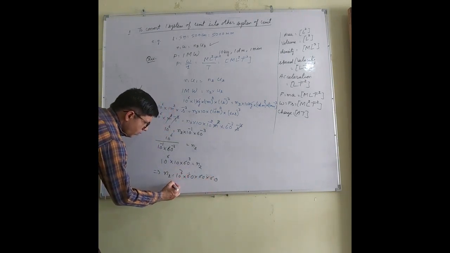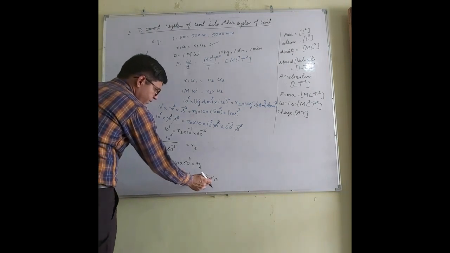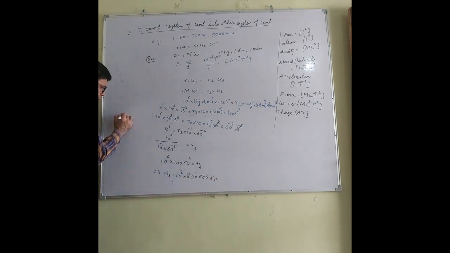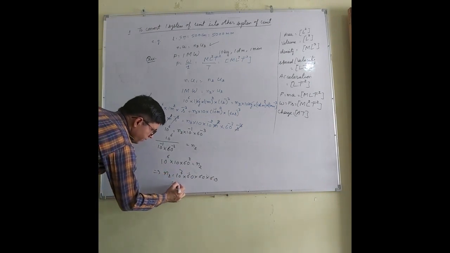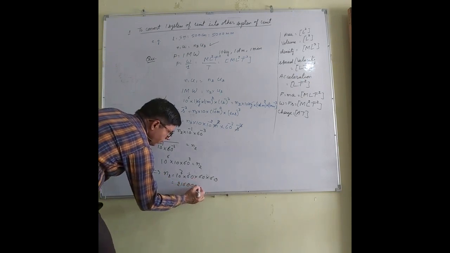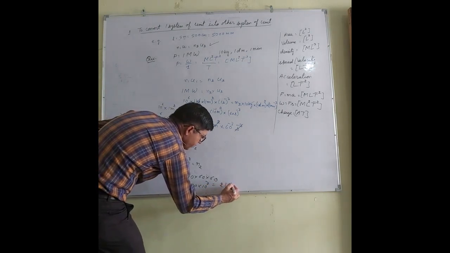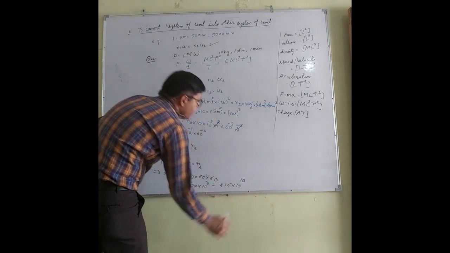So solve this, how much will this come? 6 sixes are 36, 216. It is 216,000 times 10 to the power 7. So I can say 216 into 10 to the power 10.